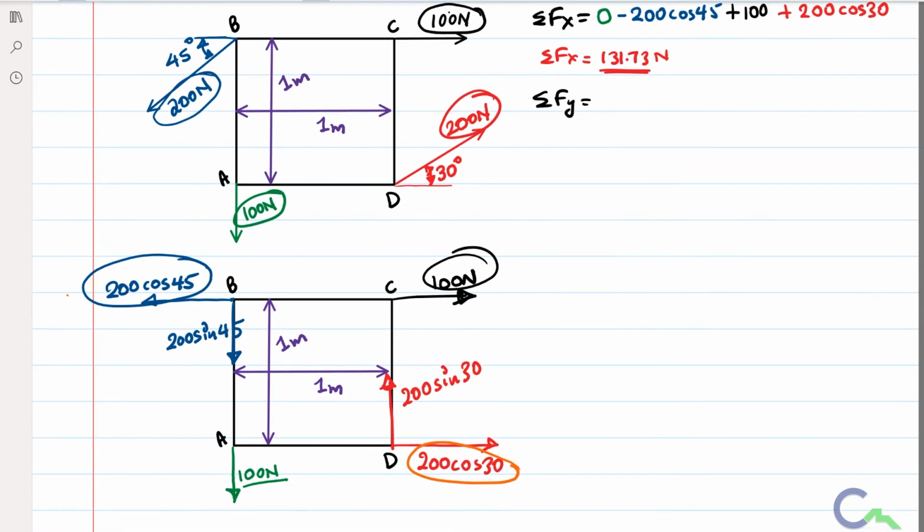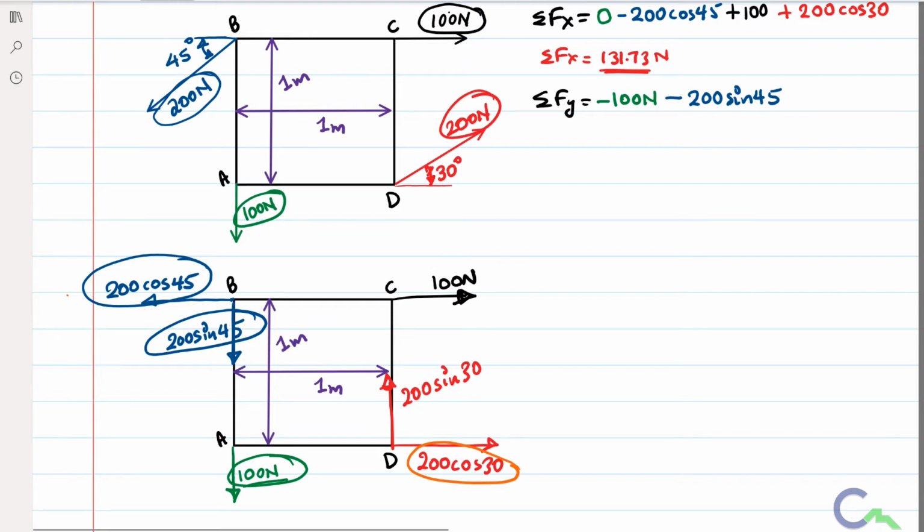Now I am going to calculate sigma Fy, summation of vertical forces. The first force, that is 100 Newton, is acting exactly in vertical direction, but it is acting downward, therefore the force is minus 100 Newton. Then we have our second force, that is 200. The vertical component is 200 sin 45, acting downward, therefore minus 200 sin 45. The next force, that is 100, has no vertical component, therefore that is 0.